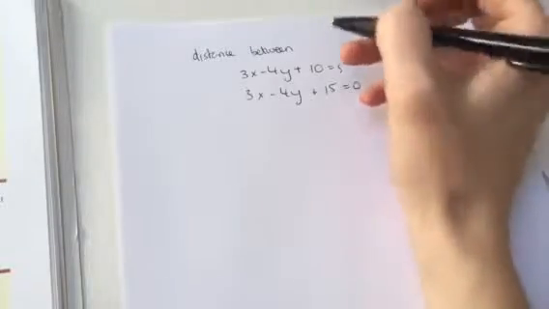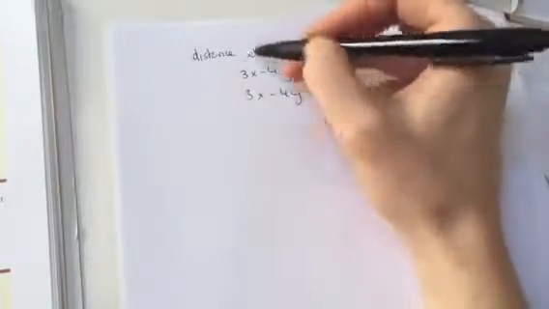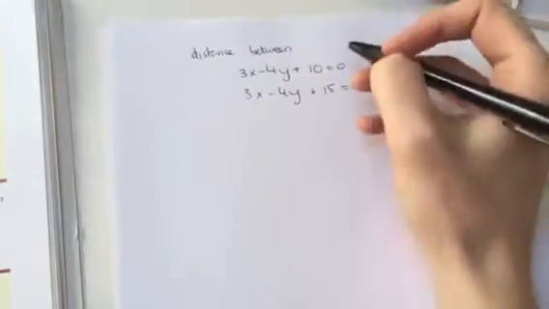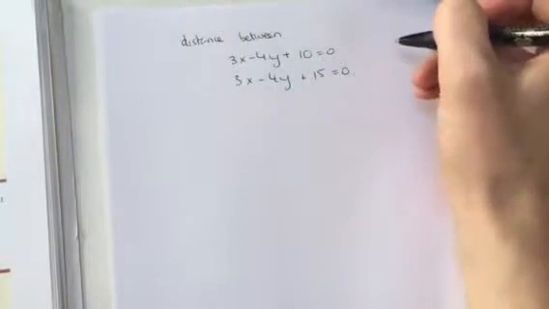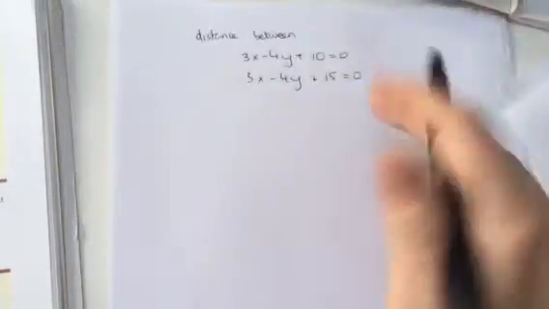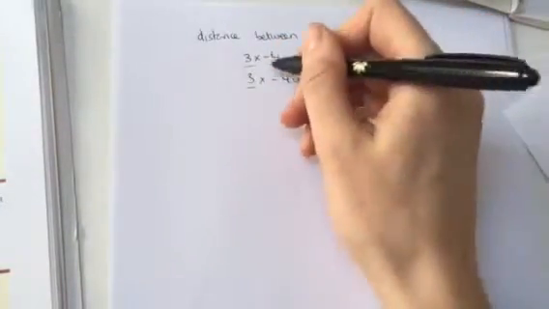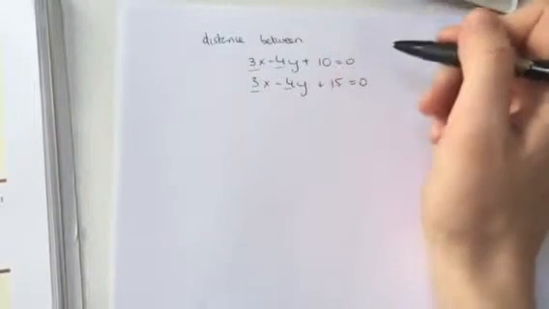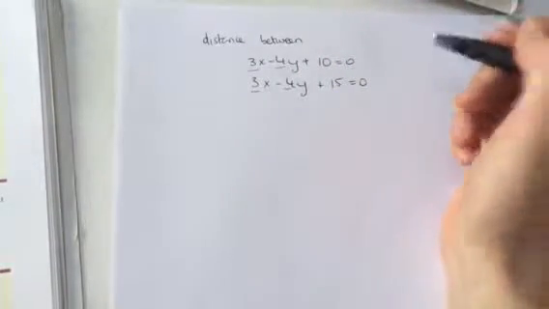How do I know that? Well, if you move this around, you will get a slope of 3/4, I think, for both of them, because the x coefficients are the same, the y coefficients are the same. So if you manipulate them around, you will find that they have the same slopes.